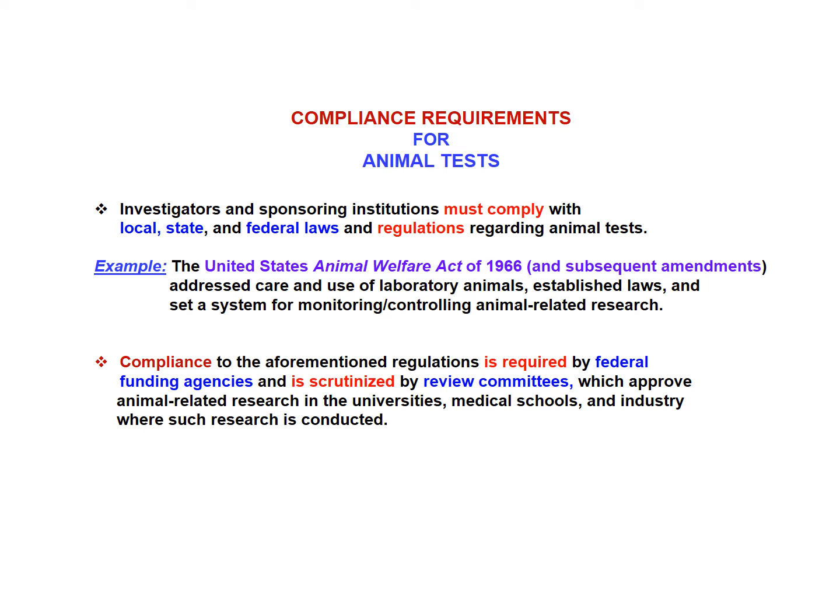Compliance to all aforementioned regulations and laws is required by the federal agencies which fund research, for example, NIH, and compliance is scrutinized by review committees at the local institutions, such as IACUC, which review and approve animal-related research in universities, medical schools, and industry where such research is conducted.